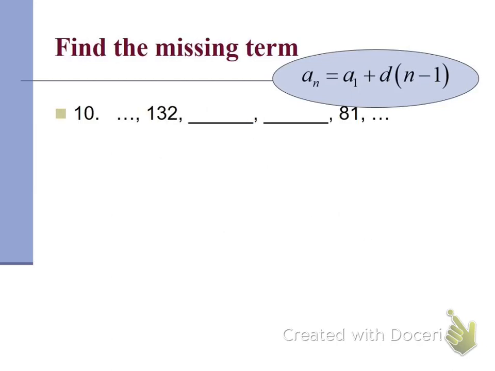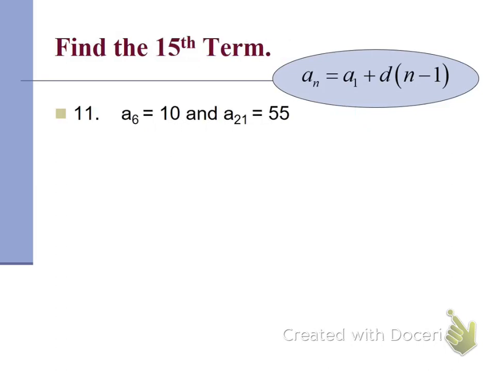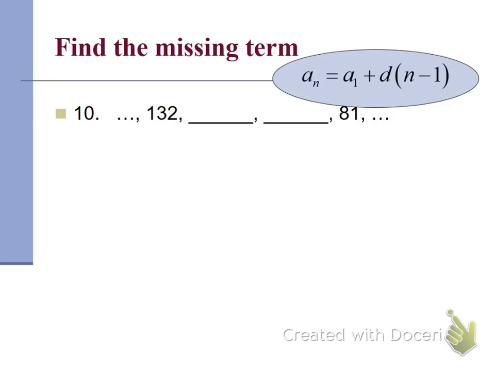So if I give you one like this, where I have multiple numbers in between, it doesn't matter what number in the sequence this is. Let's just call 132 the first number in our sequence. If this was the first number, second, third, this is the fourth number. So to find the difference, I would go 81 minus 132 over 4 minus 1.